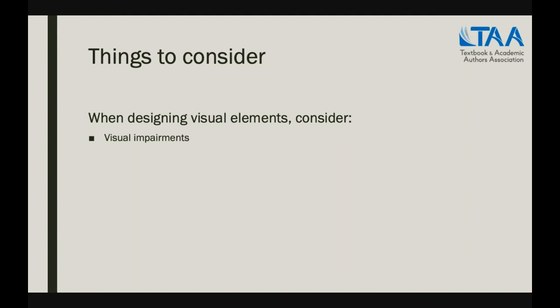We want to make sure that the visual impairments are handled, including color blindness. So there are a variety of color blindnesses. And some people can't see reds, some people can't see greens, some people can't see color at all.